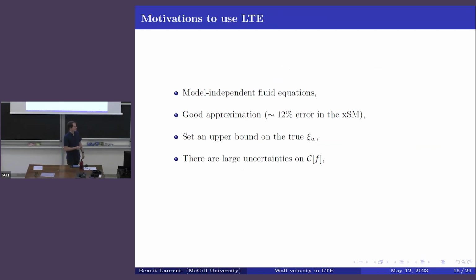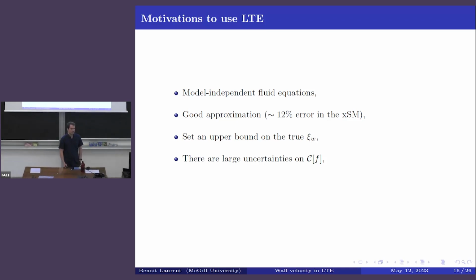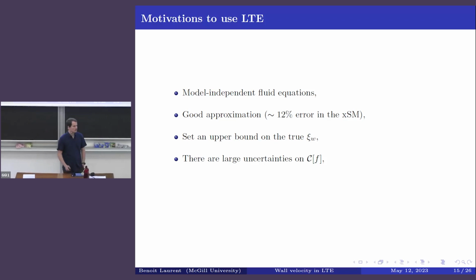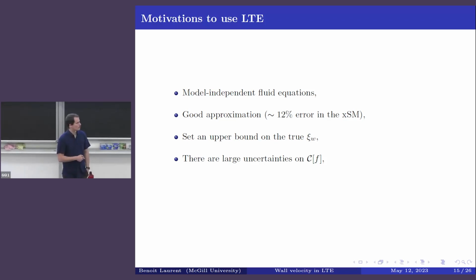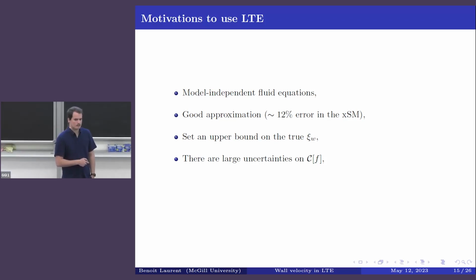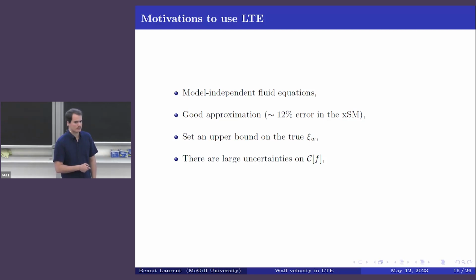But in most cases, 12% is more accuracy than you actually need. It's a 12% error on the wall velocity. It's basically the difference of the two results divided by the average of the two results.